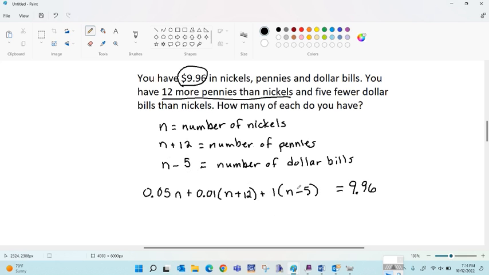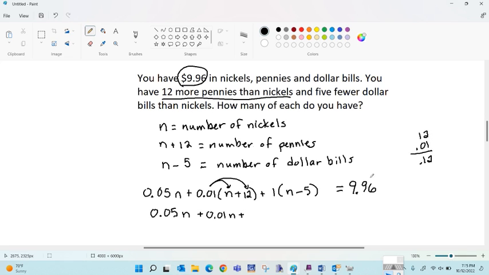All right, so what I would like to do is simplify this just a little bit. 0.05n, I'm going to distribute here. 0.01n plus 12 times 0.01.